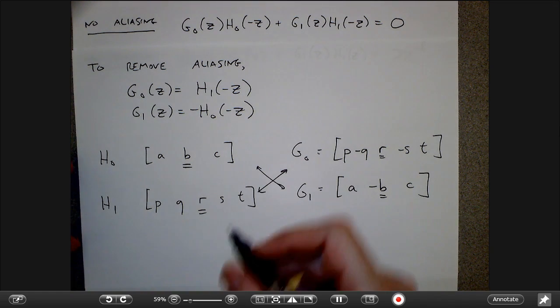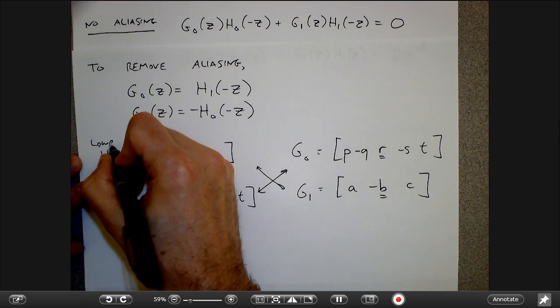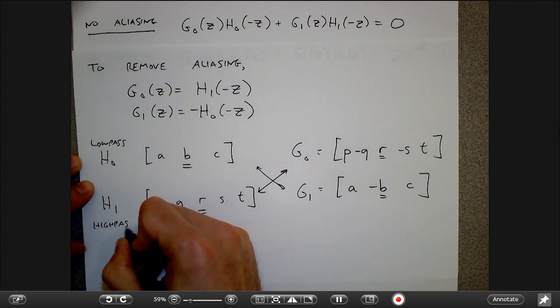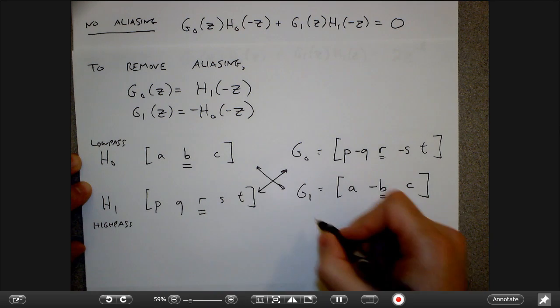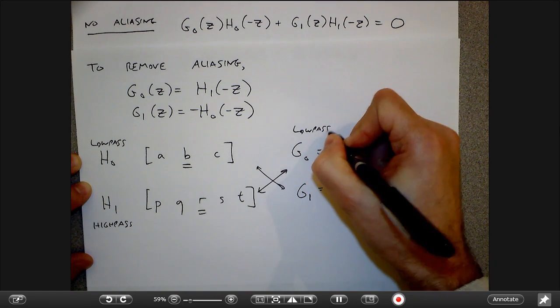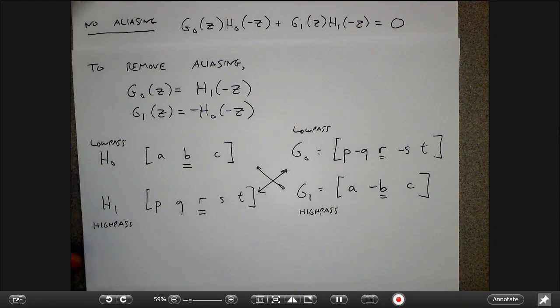And so you can show that if this is low pass and this is high pass, which is something that we're going to want in a second, then that means that this is also low pass and this is also high pass. You can show this by kind of writing out the Z transforms.